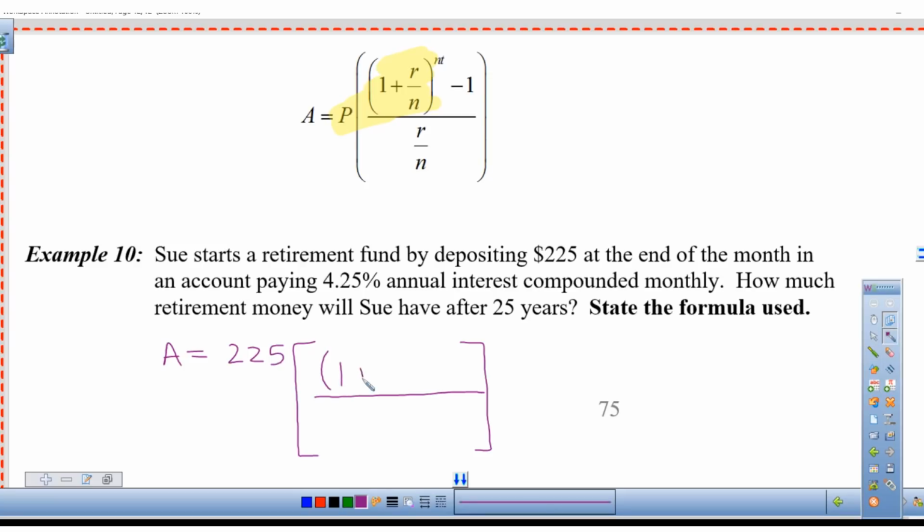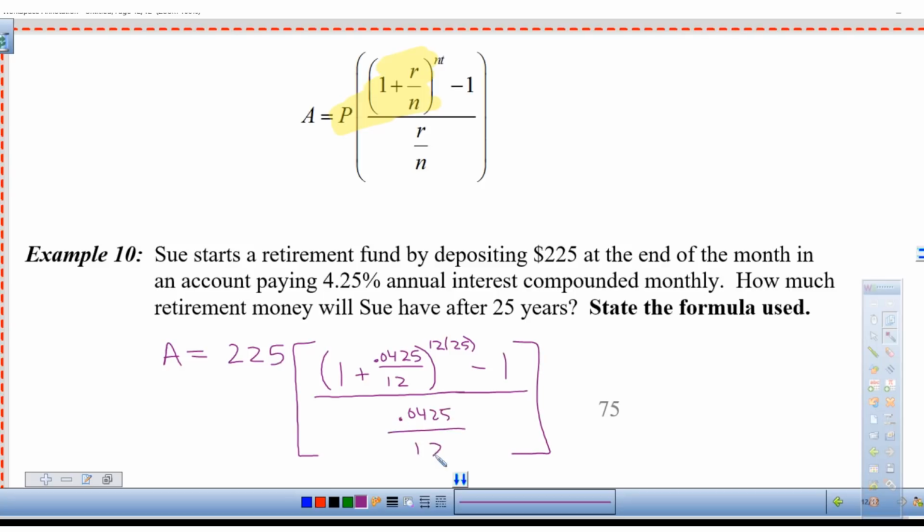So this is 1 plus, the interest rate is 0.0425. It's compounded monthly, so my N is a 12, raised to the 12 times time, which is 25, but then you have to subtract 1. Okay, like that. Then on the bottom, it's the rate, which is 0.0425, divided by N, which is 12.